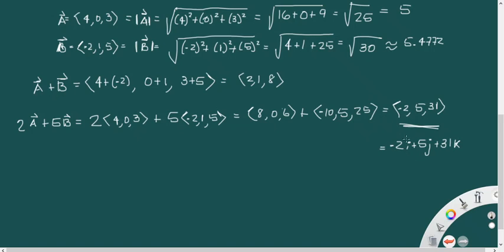The only change is that we are replacing the component notation by a standard basis vectorial notation. So all the operations will remain the same. The only thing that we are changing here is the notation we use to describe this vector, using this standard basis notation.